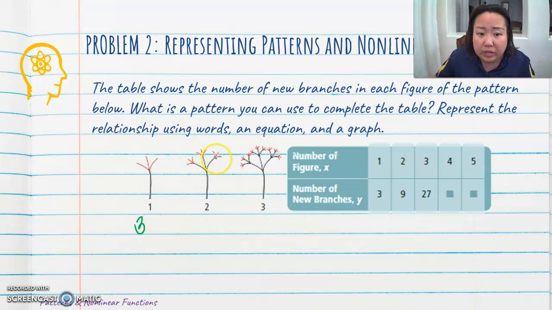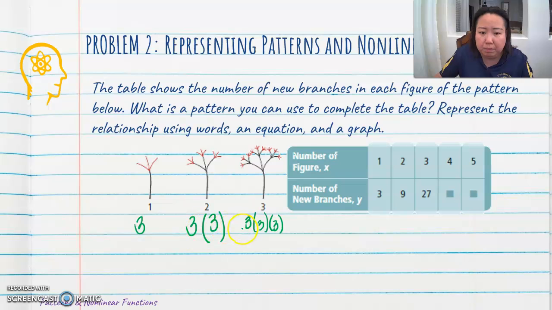Now, how many 3's are you seeing here? So the new branch, that's 3, and then it is multiplied to 3 old branches, okay? And then for the other one, you will see here, it's 3 times this 3 over here, times this 3 other branches here. So it's like 3 times 3 times 3.